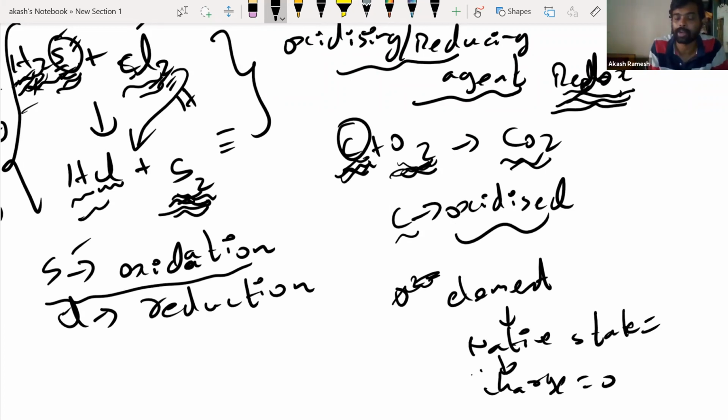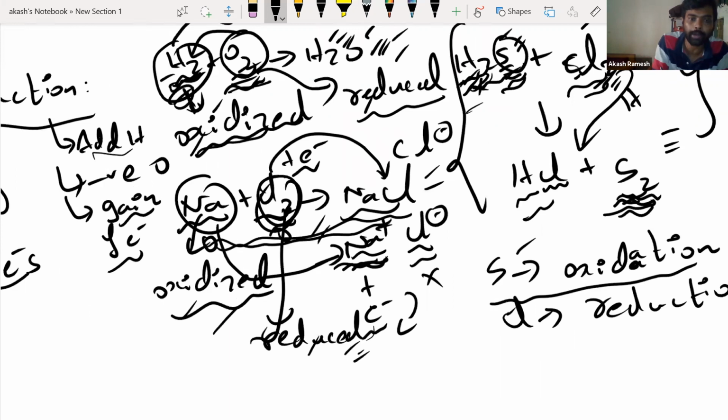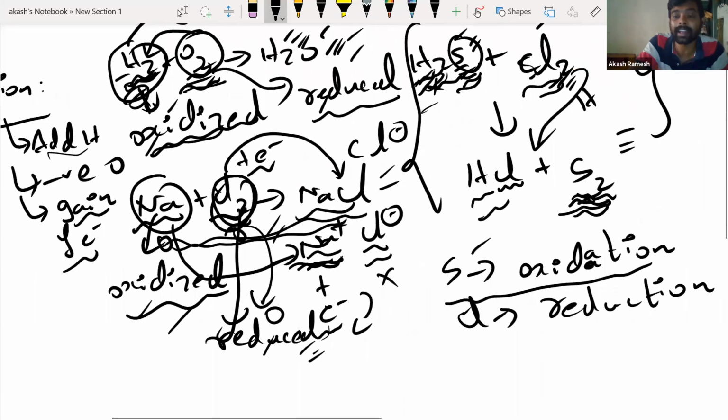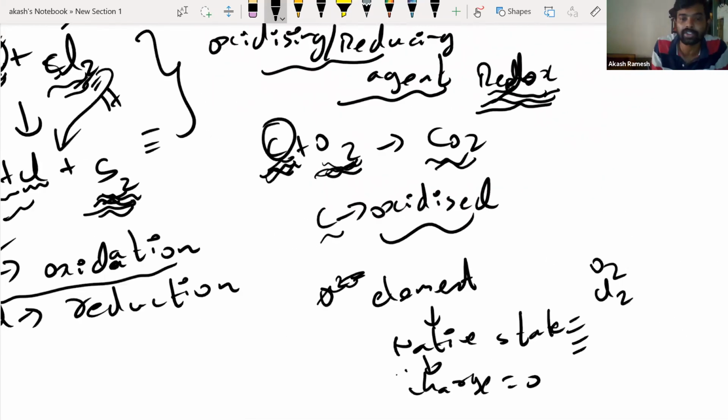Now, what do you mean by native state? We know how it exists in the atmosphere, right? So whenever you have O2, Cl2, you can see from this reaction also. Look here, for Cl2 we told the charge as 0, because that is how it exists in nature. Whenever you see elements in their elemental state or native state, their charge is 0.